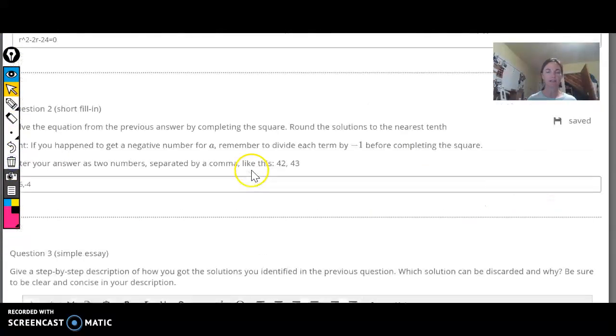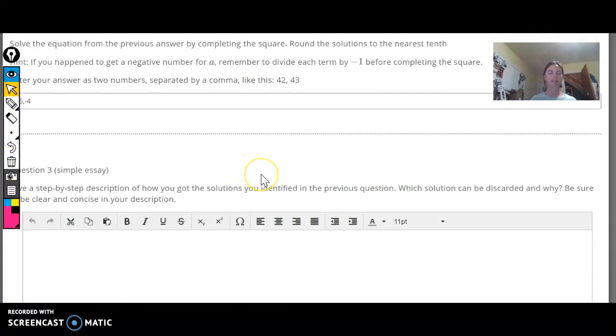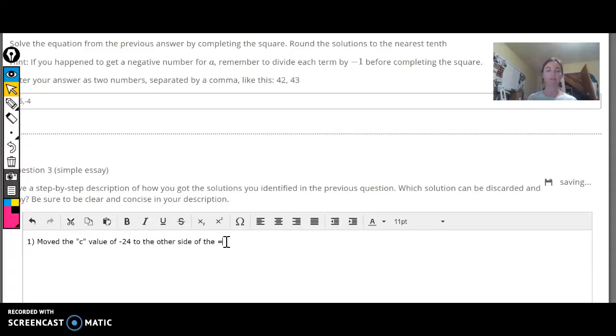Let's erase all this and write a step-by-step description of how we got to the solutions we identified in that problem. I'm going to help you out with this because I think it's important that we're understanding how to complete the square. So the first thing we did was we moved the C value of negative 24 to the other side of the equal.